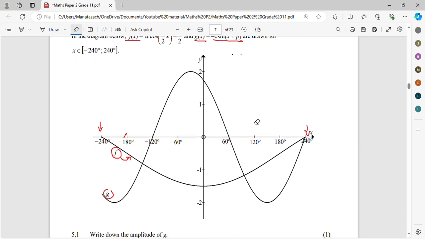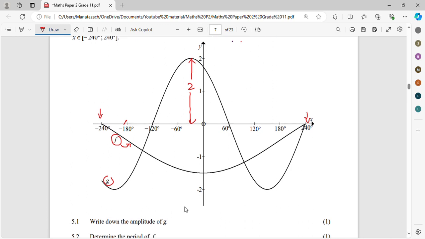So remember, the amplitude is the distance from the x-axis all the way to the peak. The distance from the x-axis is 0 to 2, so that will be a 2 there. So we can write the amplitude is simply 2.